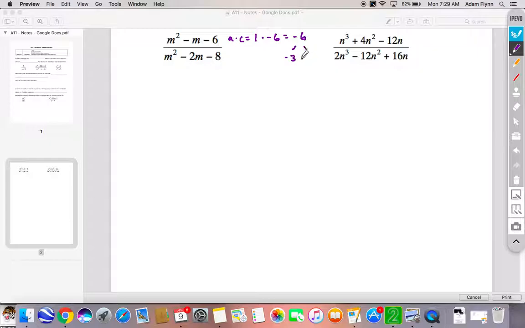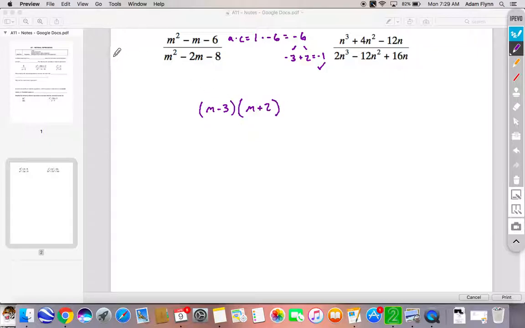If I do negative 3 and 2, I get negative 1, so those are my factors. So I'll rewrite my top as m minus 3 and m plus 2.